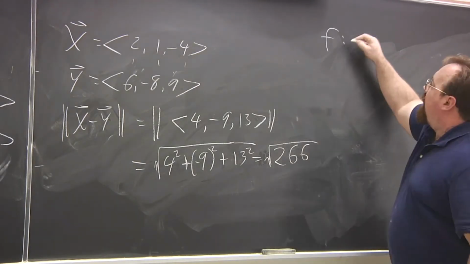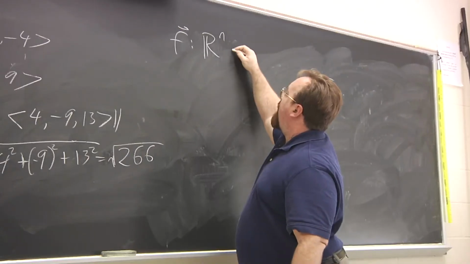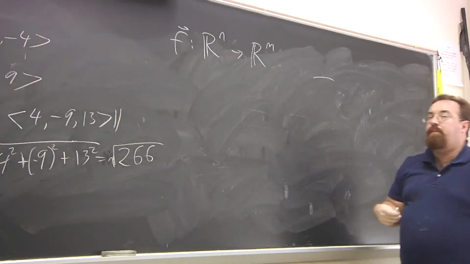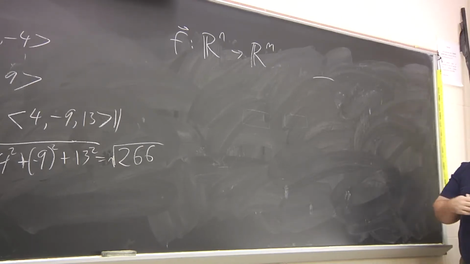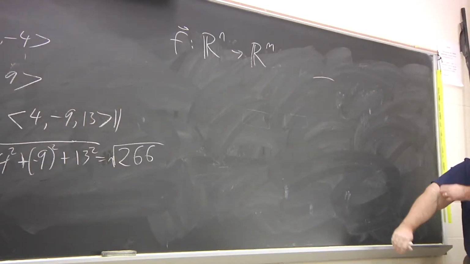So suppose now we have a function f that takes in n variables and outputs m variables, so it could be a vector valued function. We're not imposing any restrictions on how many inputs or outputs f takes.